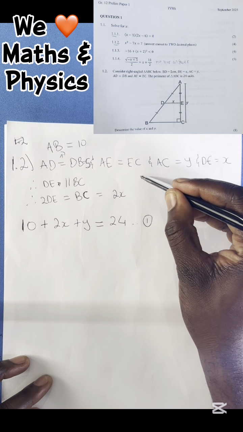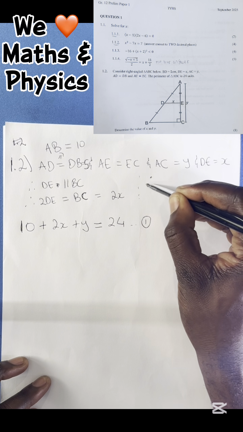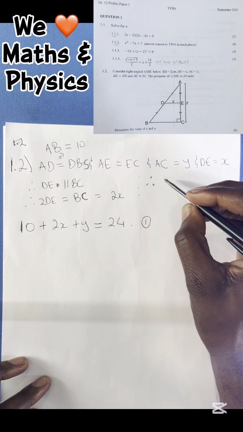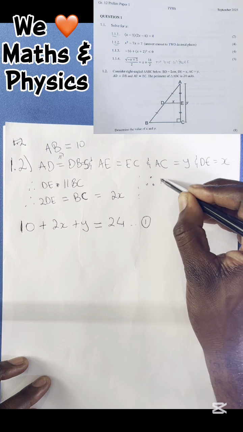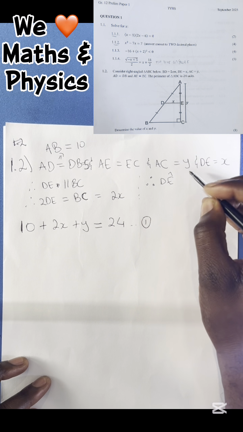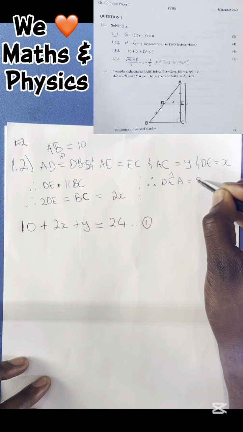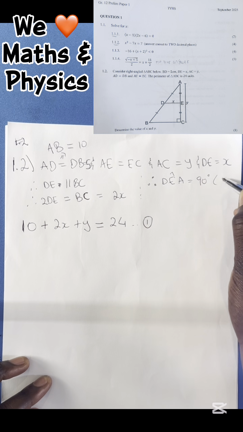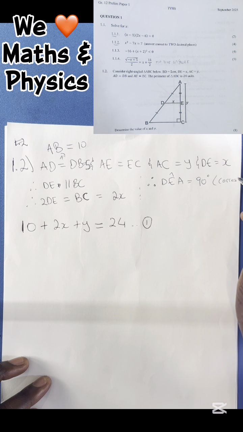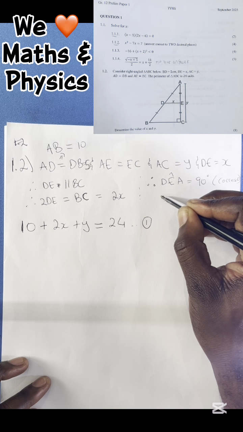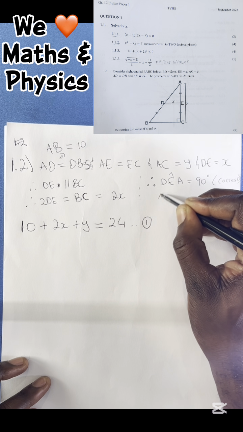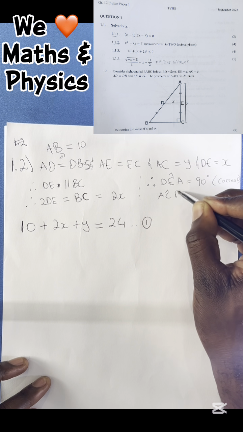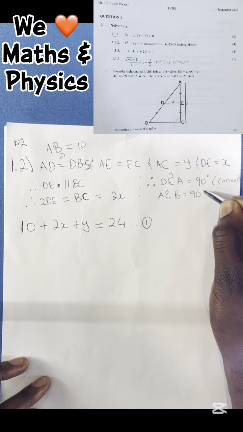And then also, just to add on that, in triangle DEA the angle is 90, and this is corresponding angles, because we know that ACB is equal to 90.